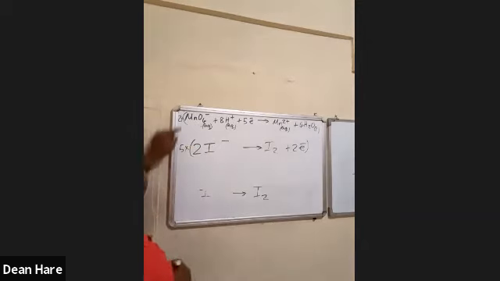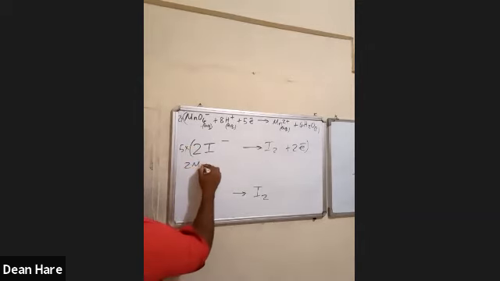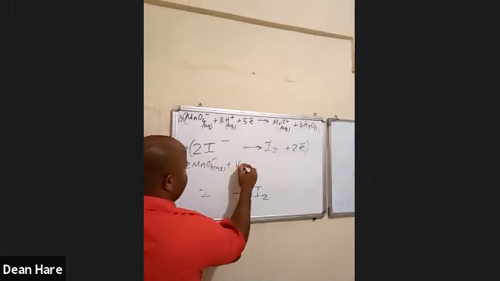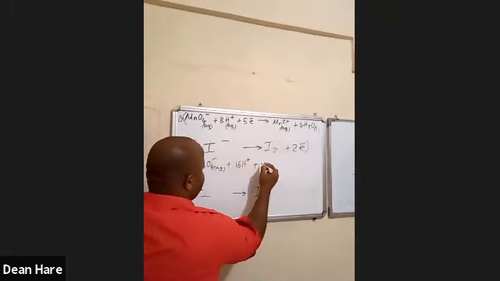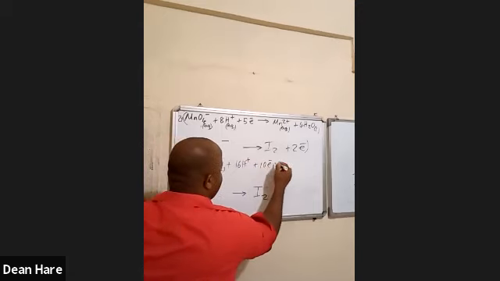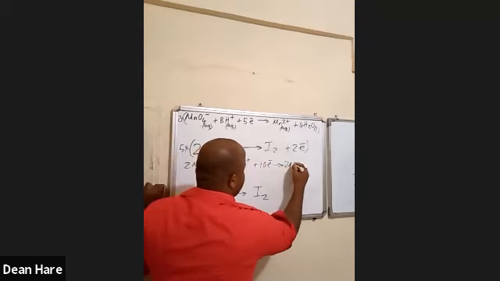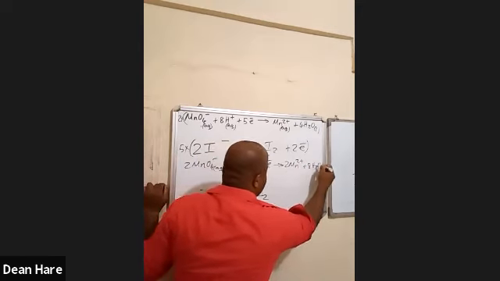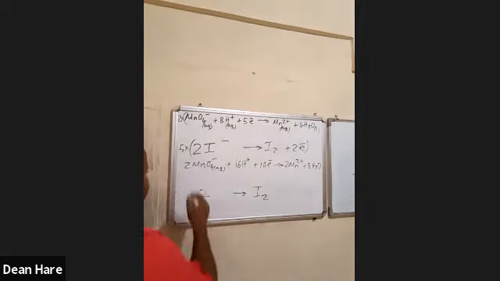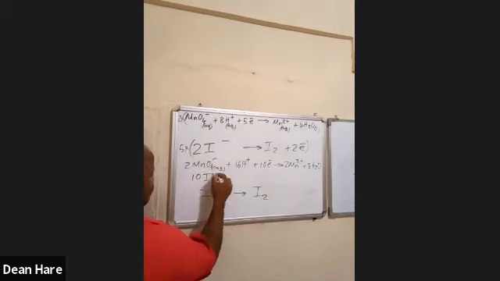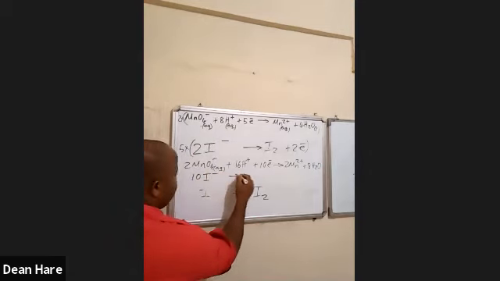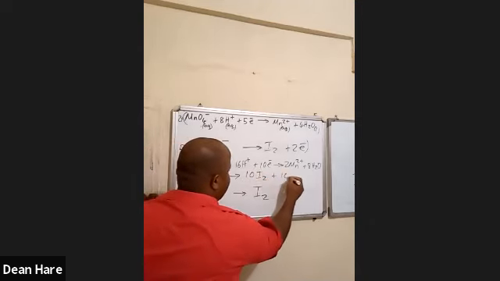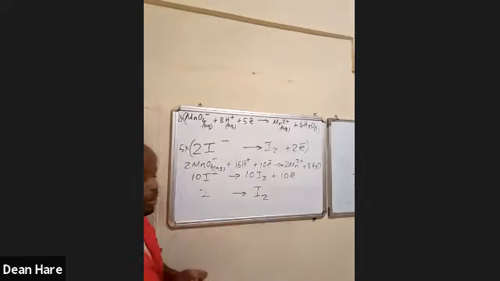So we'll have 2 MnO4 minus plus 16H plus 10 electrons, 2 Mn2 plus 8 H2O. And then for this one, it would be 10I minus to produce 10 I2 plus 10 electrons.